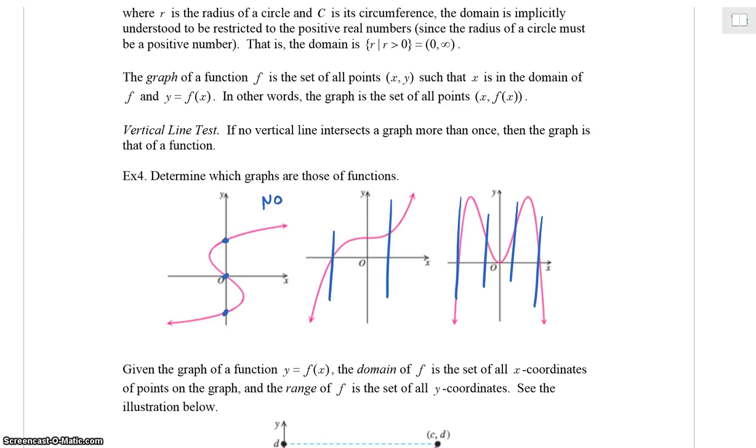This is something we commonly see. We often see that the graphs get quite steep, but they never attain verticality, and in those cases the graphs still do satisfy or pass the vertical line test. So the answer for the second and third graphs is yes. Those are indeed graphs of functions.